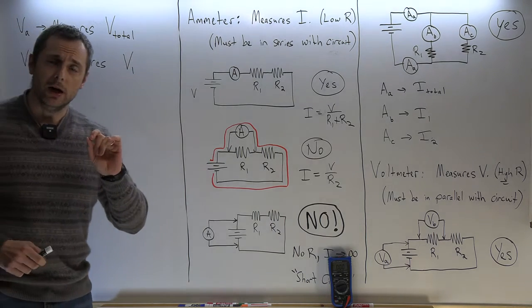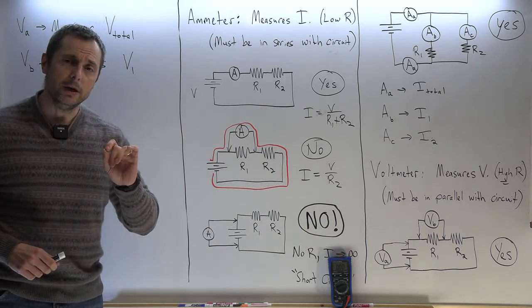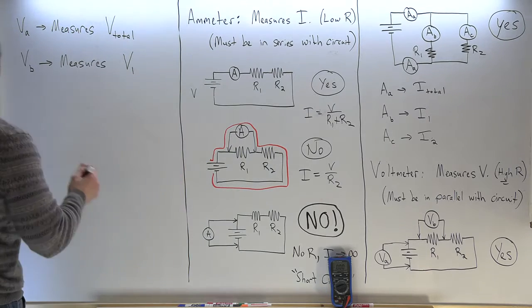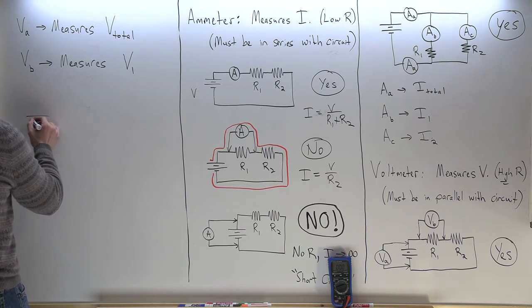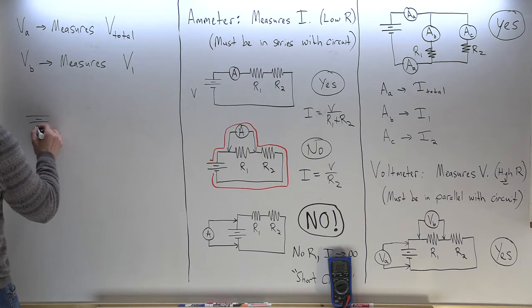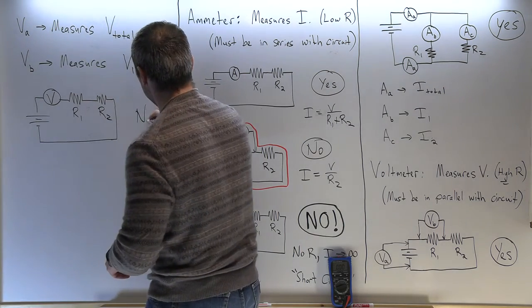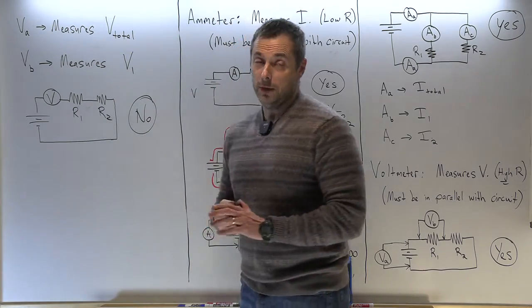Now I want to show you a way you can hook up a voltmeter and hook it up incorrectly. So this is our circuit. This is just a regular no, with no exclamation point.